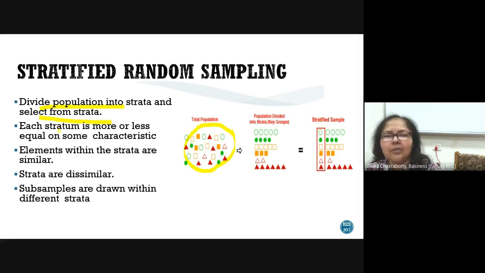Each stratum is more or less equal on some characteristic. Each element within a stratum is similar; see, they are all similar. Strata are dissimilar: each of these strata are dissimilar, and subsamples are drawn within different strata.